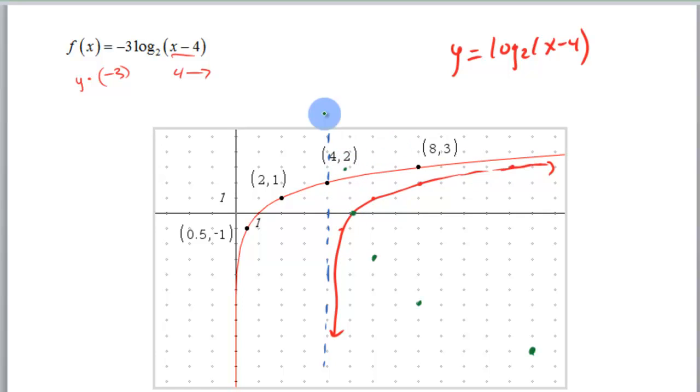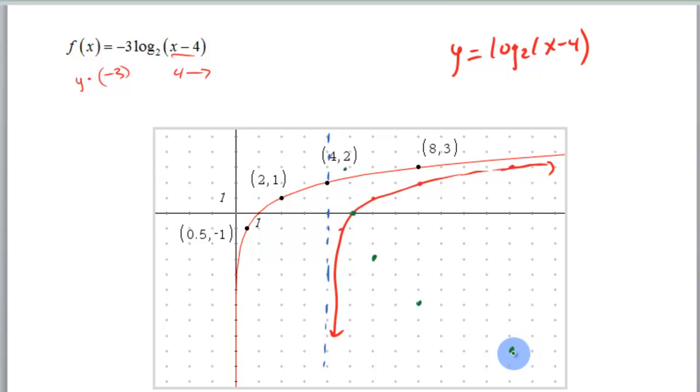Alright, so basically what the negative does is it flips this part over this way, this part up that way, right? And what the 3 does is it stretches it out also. Not only does it flip it over to 3 here, but it stretches it out by a factor of 3. Okay, let me erase that point.